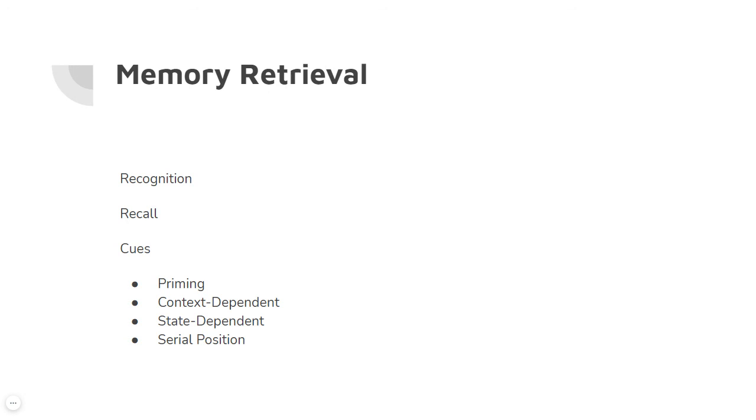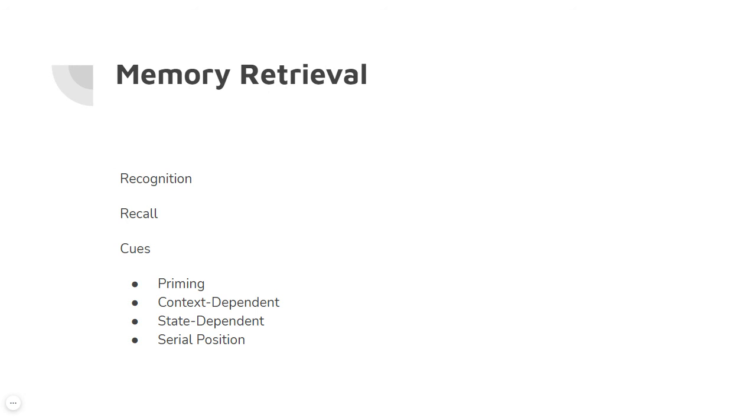Then you also have state-dependent memory. This is memory that is aided by your mental state. It has to do with your mood and your emotions. That's why it's also known as mood congruent memory, where your mood serves as retrieval clues.